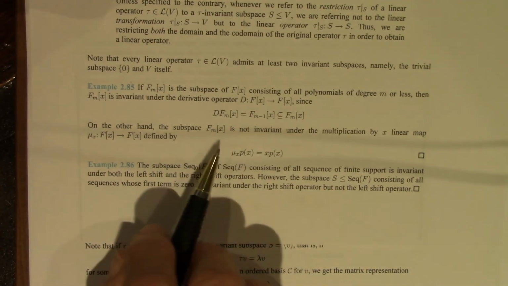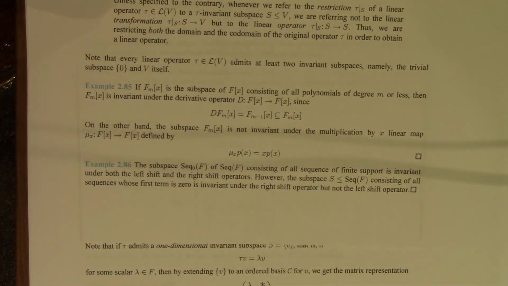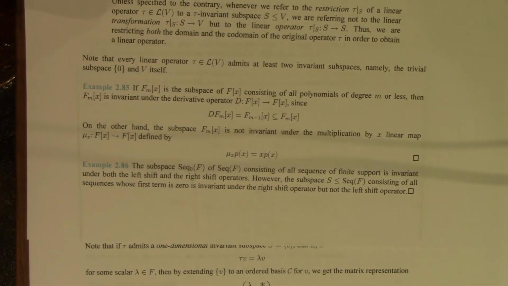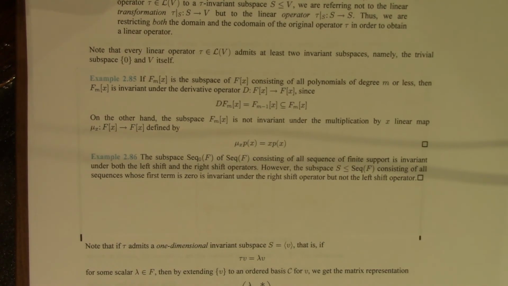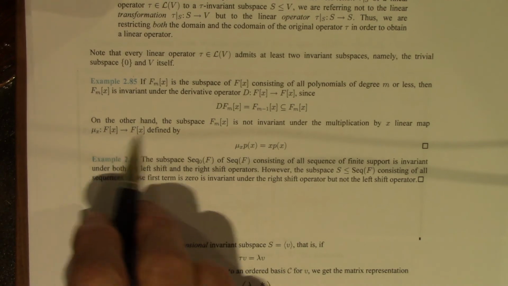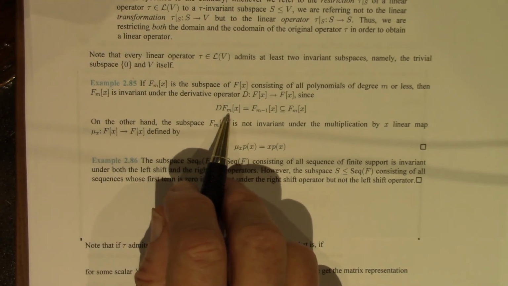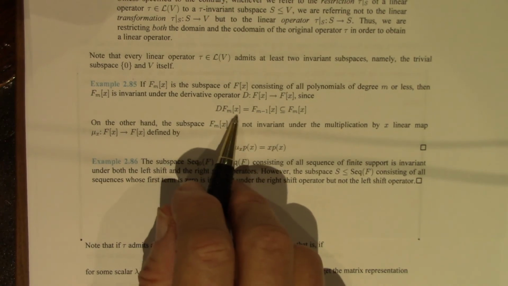On the other hand, this subspace is not invariant under multiplication by x. Because obviously, if you take x to the m and multiply by x, that's no longer in this subspace.